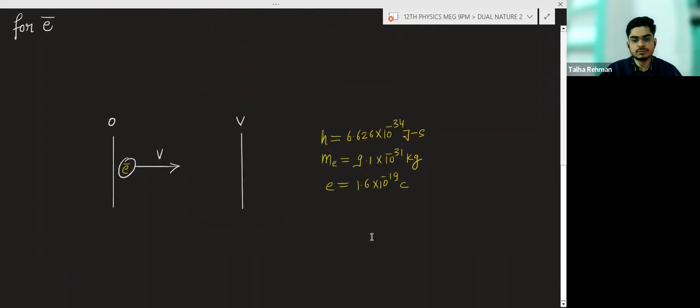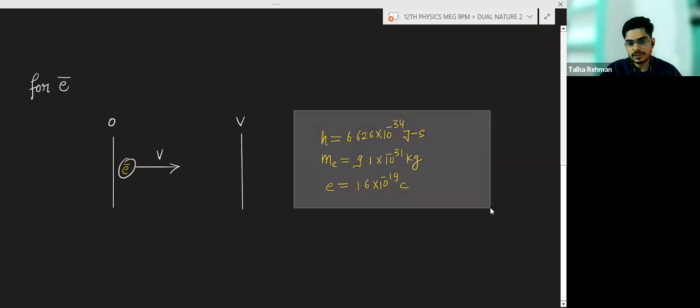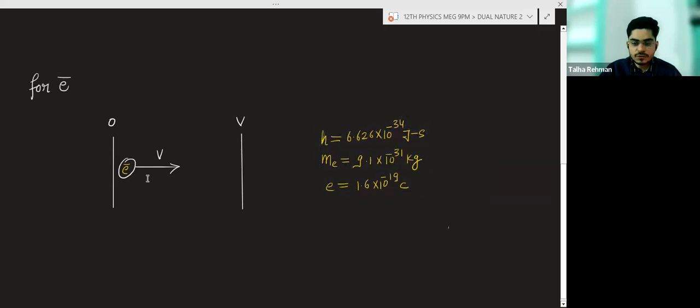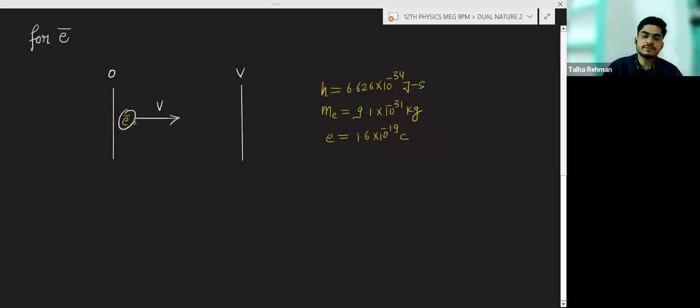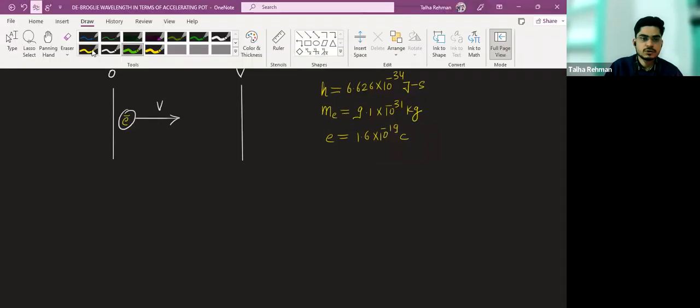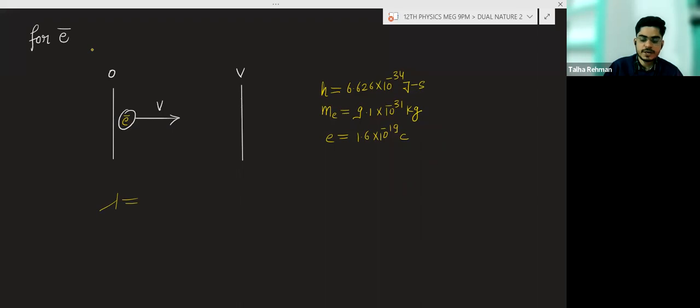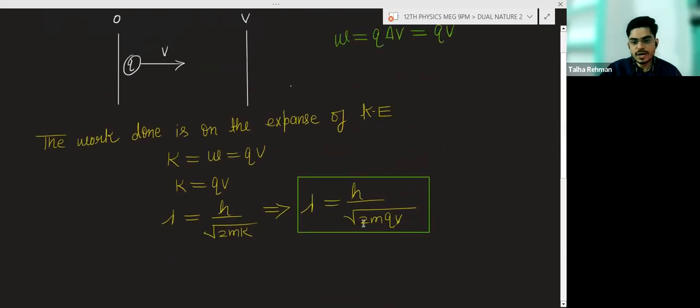Now for electron, suppose here is an electron, and this electron is moving from zero potential to potential V. Now if we calculate the wavelength associated with the motion of this electron, that wavelength will be given by h upon under root 2 times mass of electron multiplied by 2m QV.